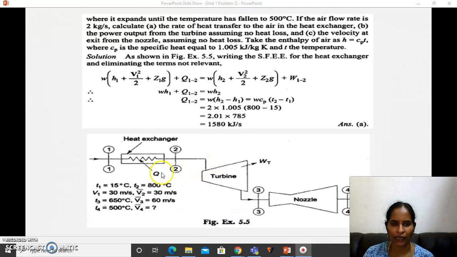So be clear: first take the data related to the heat exchanger and complete it. If you find the outcome of the heat exchanger, only then is it possible to move through the turbine, and again to the nozzle, where the purpose of the nozzle is to increase the velocity.